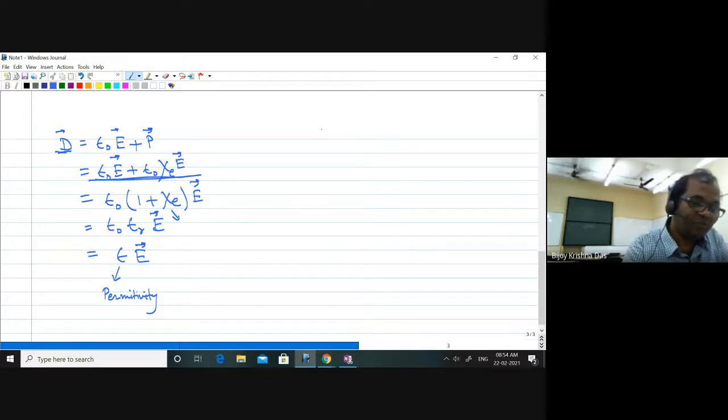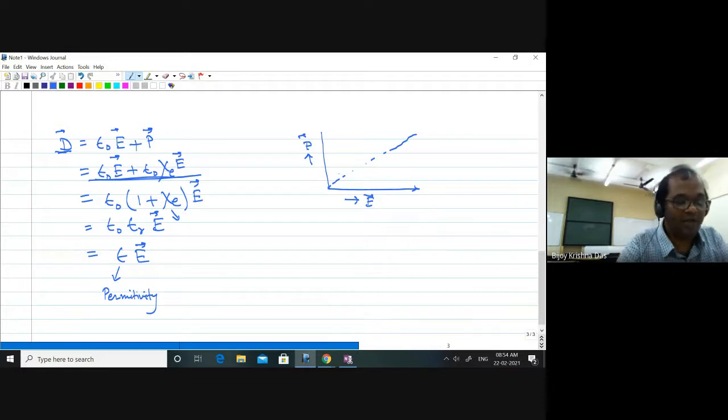That means if you consider the electric field on one axis and the polarization P on the other, it may not happen that polarization is always proportional to the electric field in the material medium. It can go like this. A little bit it can bend also.